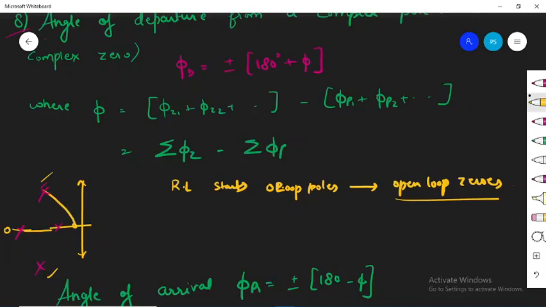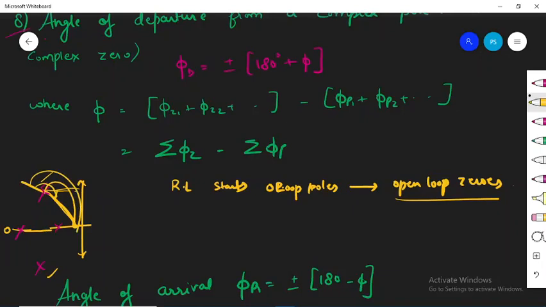Will this pole merge at the zero directly, with this initial angle, or will it take a curve and then merge at this zero, or will it depart at such an angle and then merge at this zero?